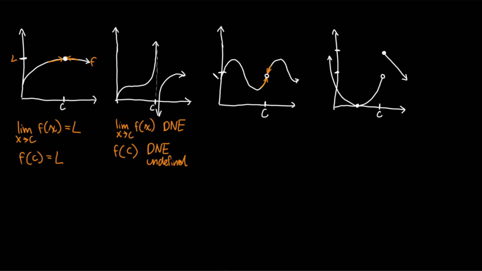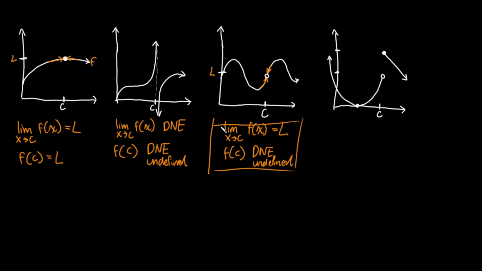If we call this value L, then we can say the limit as x goes to c of f of x equals L. But if you plug in f of c, it does not exist or is undefined. And so you can see why limits are useful, because we can find out what a function's behavior is without needing it to be defined.